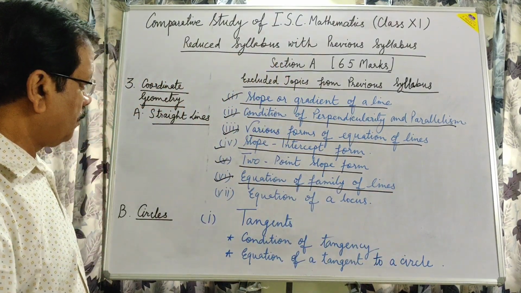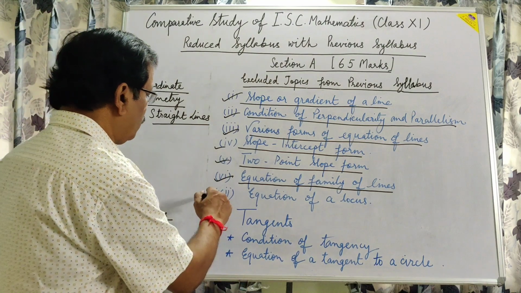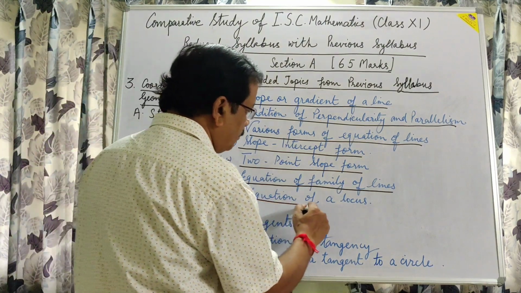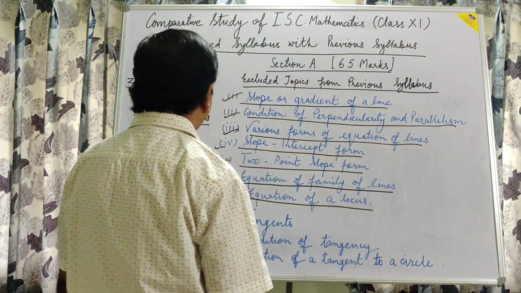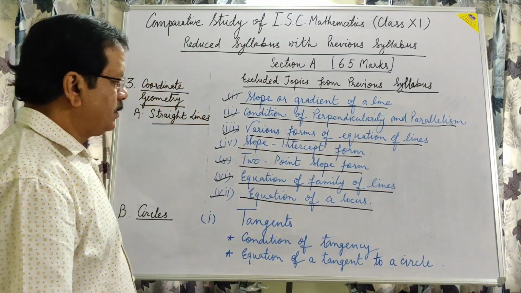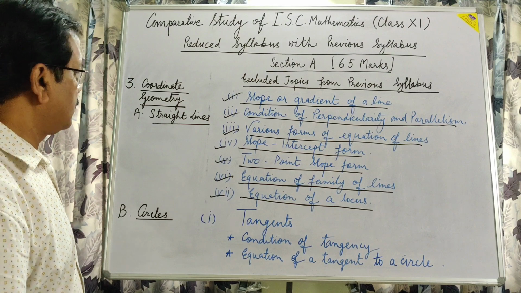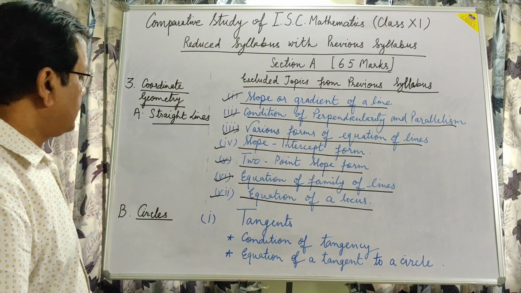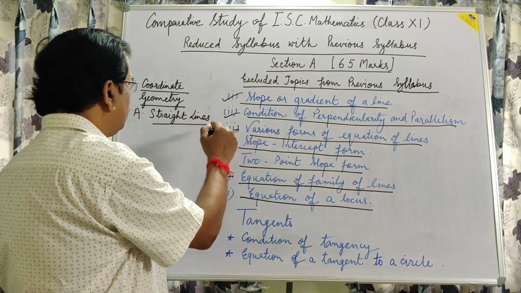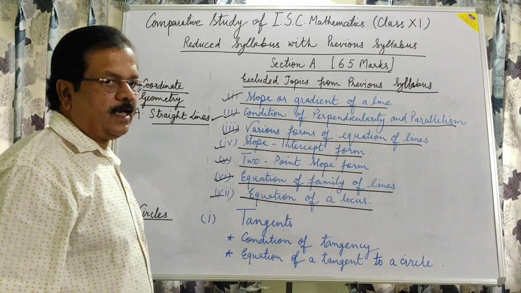And seventh topic, equation of a locus. This is a very important topic in the chapter straight line, but because of this pandemic, this is excluded from the previous syllabus. So as a whole, 7 subtopics excluded from the chapter straight line.